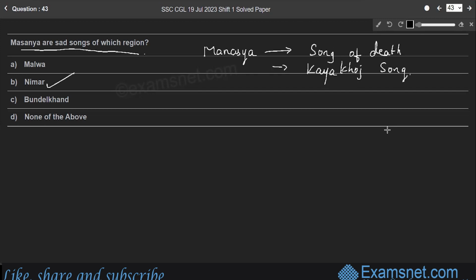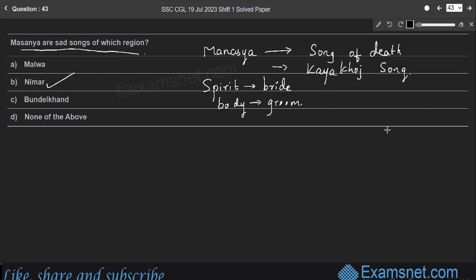These songs talk about the mortality of the body and immortality of the spirit. In this, the spirit is considered as the bride, whereas the body is considered as the groom.